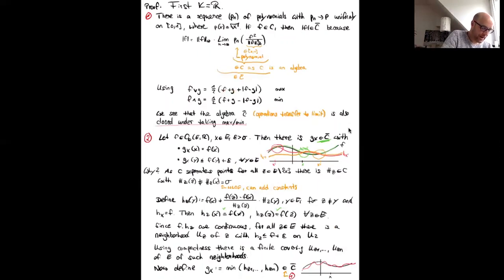If the maximum of these two is f, so f is larger than g, then the absolute value can be omitted. f minus g is positive if f is larger than g. Now cancel the g. You have 2 times f, multiplied by a half, gives f. The same if g is larger than f: this term is negative, so you get rid of the absolute value by taking the minus of it.